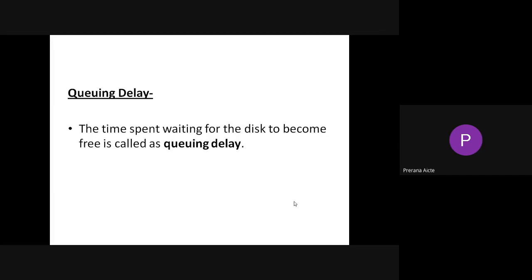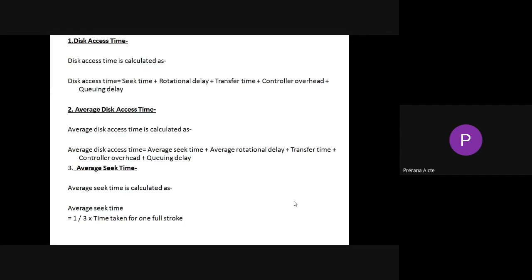And next one, how to calculate the disk access time and average access time. Disk access time equals seek time plus rotational delay plus transfer time plus controller overhead plus queuing delay.